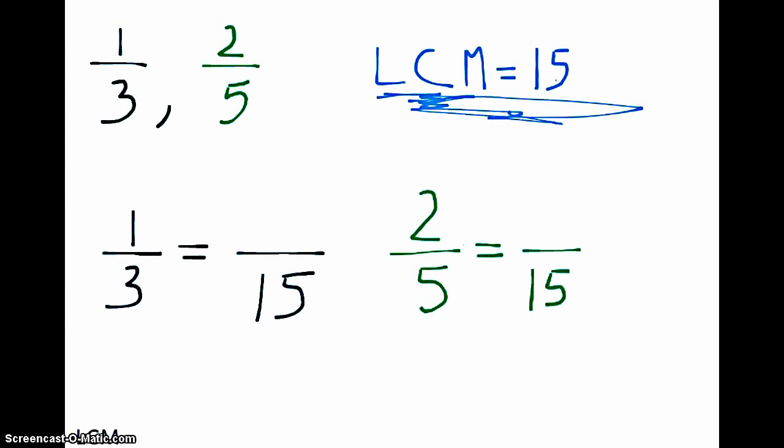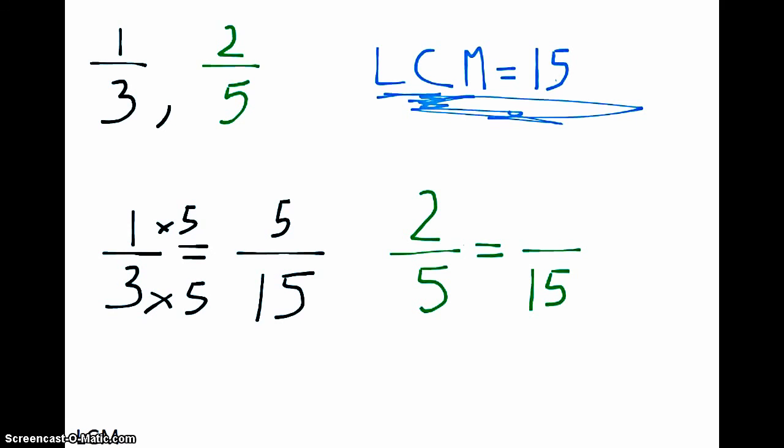So, as per our last lesson, where we were finding equivalent fractions, we had to find 3 times what equals 15? Well, 3 times 5 is 15. So whatever we multiply in the denominator, we also do to the numerator. So 1 times 5 is 5.